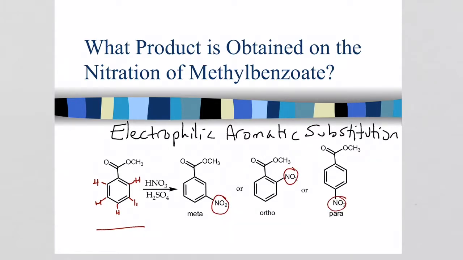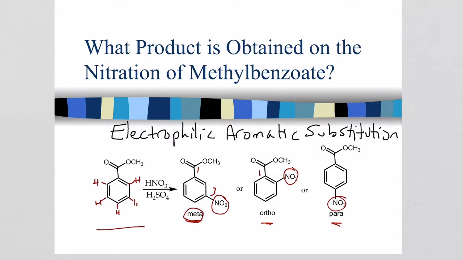And those nitro groups, what you see here where it says meta, ortho, or para: when you have two substituents on an aromatic ring, their relative position to each other is described using the terms meta, ortho, and para. When those substituents are in the 1 and 3 position relative to each other, that's called meta substitution.